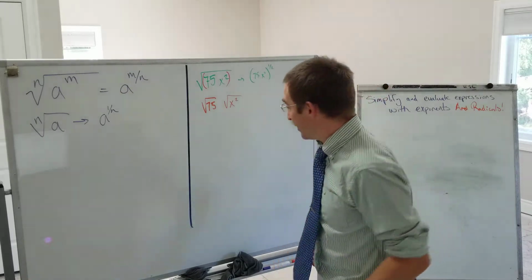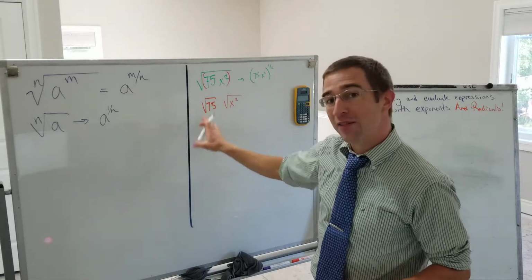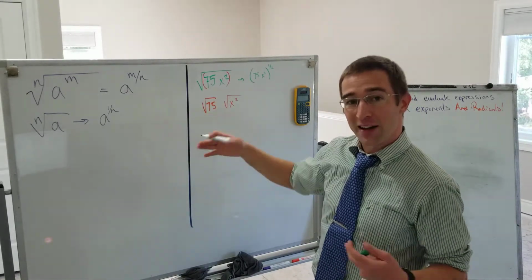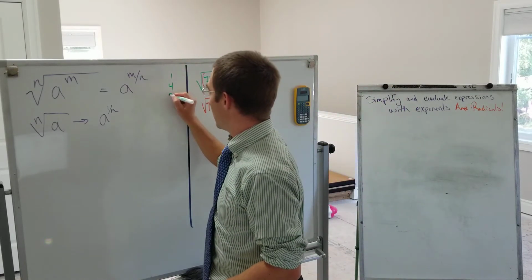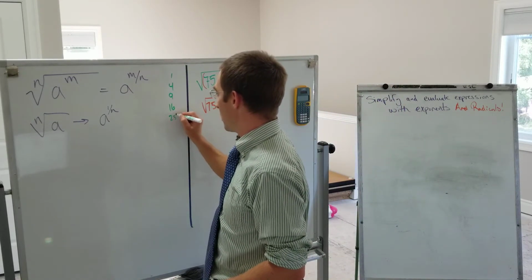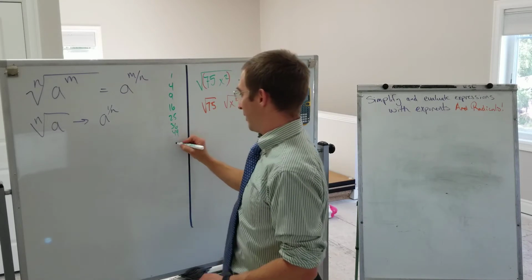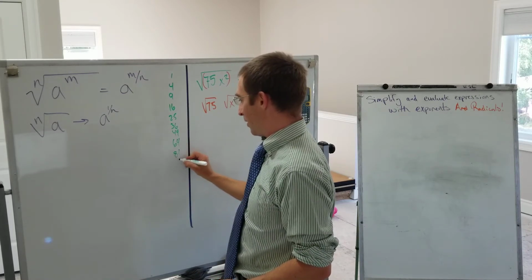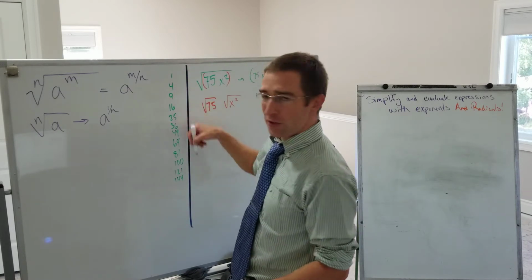So what we do is we say, is there a perfect square living in 75 as a factor? In other words, any of these: 1, 4, 9, 16, 25, 36, 49, 64, 81, 100, 121, 144, and so on. Those are all our perfect squares.